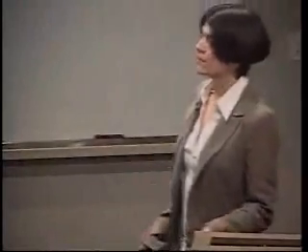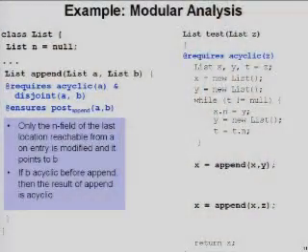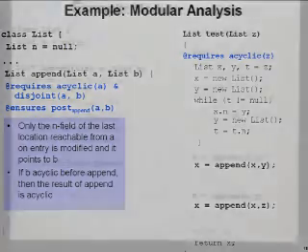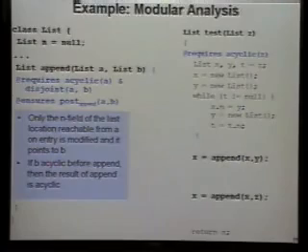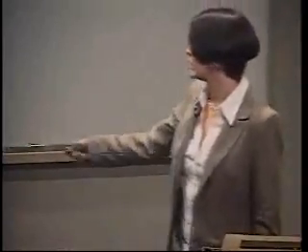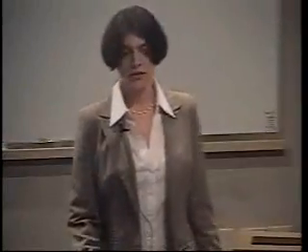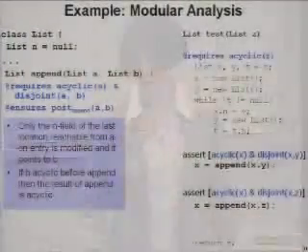Okay, so this is an example of library code, and I have some client code or a test method which takes a list as an input, has some precondition, executes a loop, allocates some more things, and then makes two calls to append. And now I want to use program analysis techniques to do the analysis of this code. So the first thing to do is to create an abstract value.